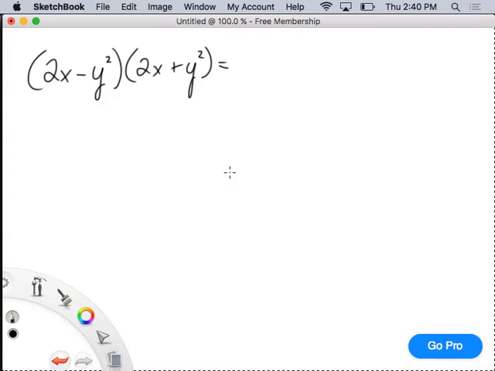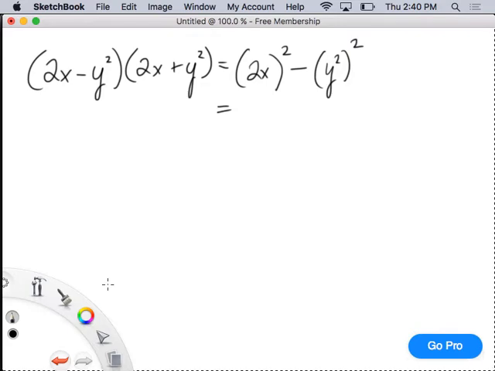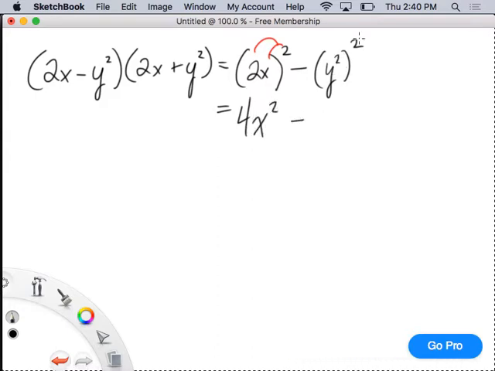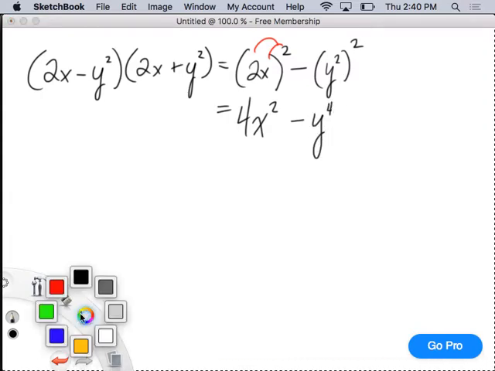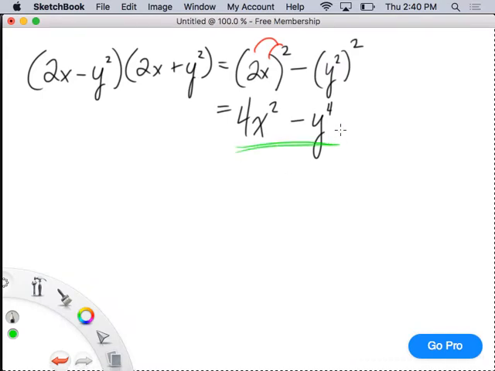Square minus square. That square gets distributed to the 2 and the x. 4x squared minus y squared to the second power, y to the fourth. I multiply the two powers, 2 times 2. And that's it. Final answer.